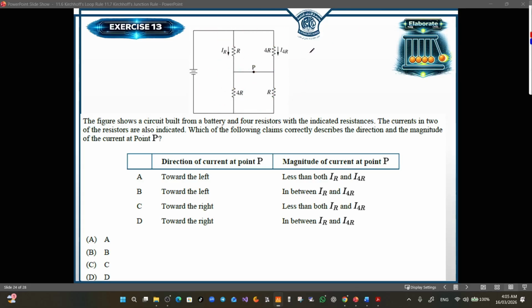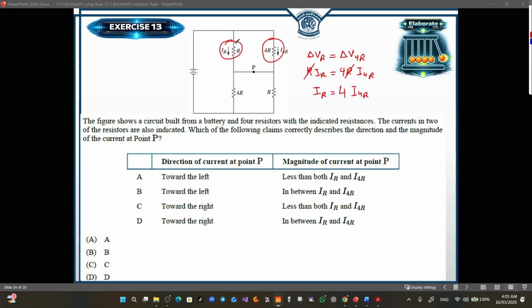So we can say that delta VR is equal to delta V4R. So the potential difference here is equal to the potential difference here. And R times IR equals 4R, the resistance, times the current of 4R. Now R with R cancelled out, and we can deduce that IR is 4 times I4R.